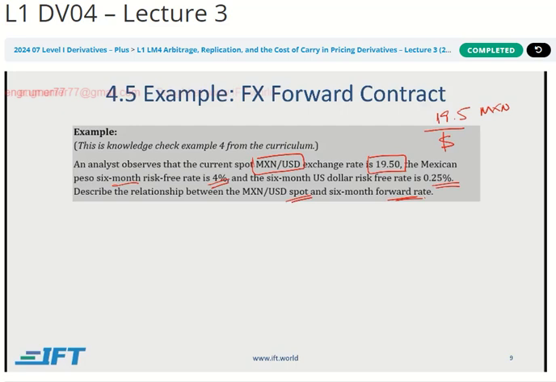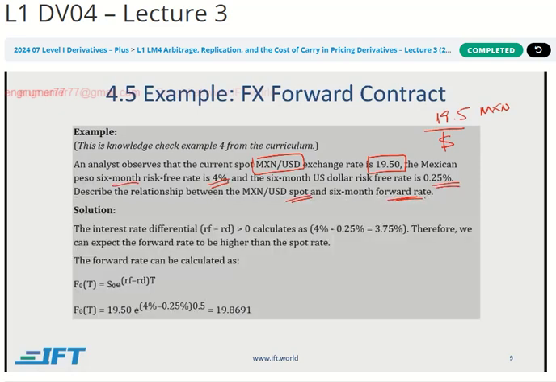They've given us the risk-free rate of the domestic currency and the risk-free rate of the foreign currency, and they want to know the forward rate. First, let's calculate the difference between the two, and you can see that the difference is positive, because the Mexican peso, the foreign currency, has a risk-free rate of 4%, whereas the US dollar, the domestic currency, has a risk-free rate of 0.25%.